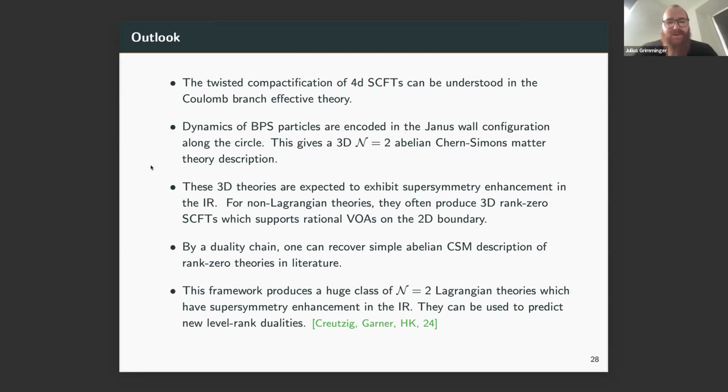Okay, thank you. Can I ask one question? How crucial, in your story of getting the 3D theory from the effective action of the 4D theory, is superconformal symmetry?